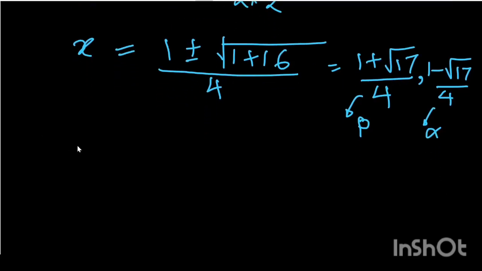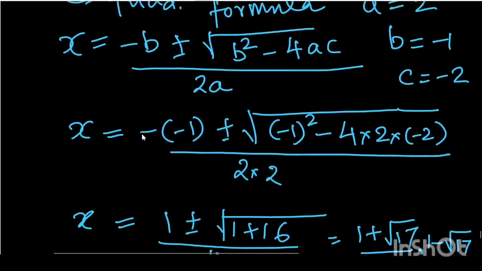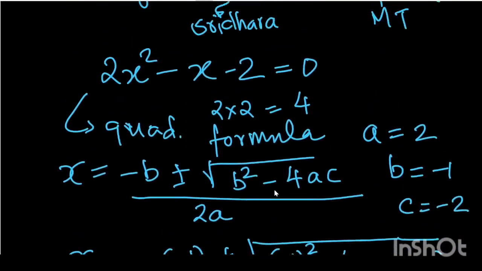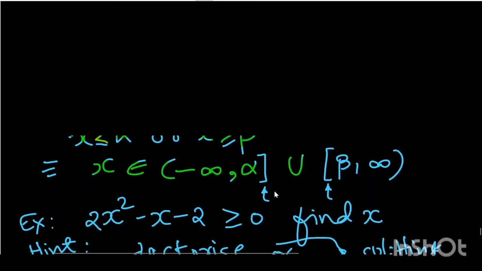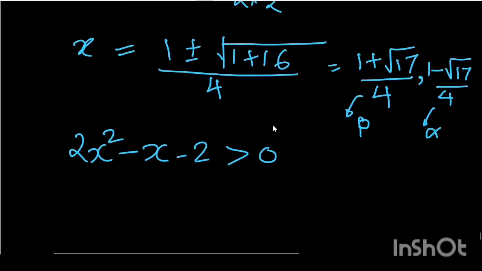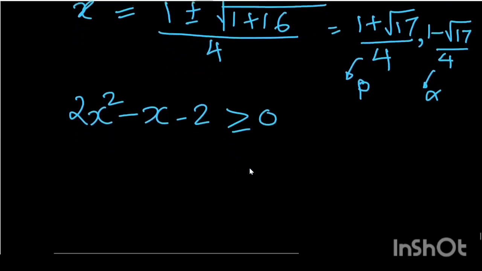So this quadratic 2x square minus x minus 2 greater than equal to 0 is factorized as what?